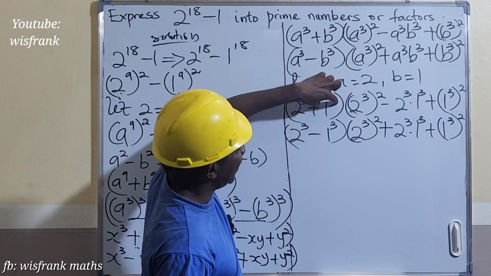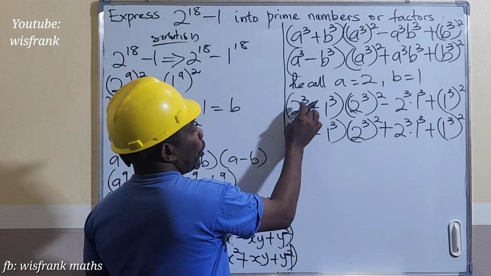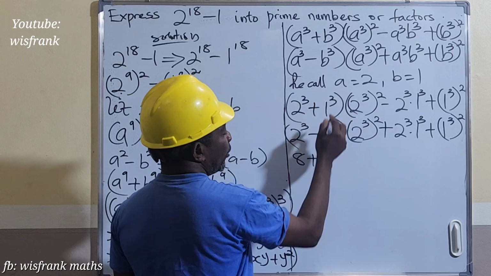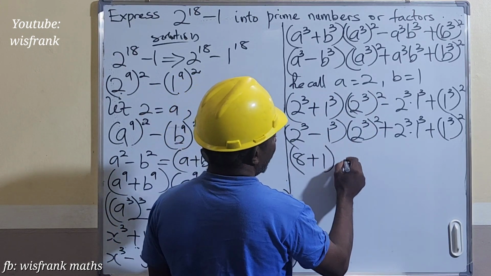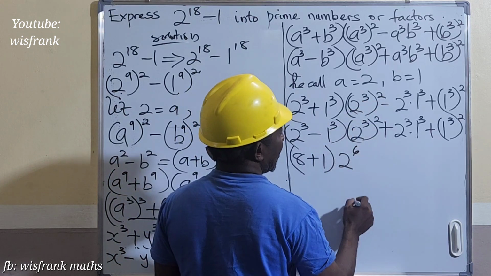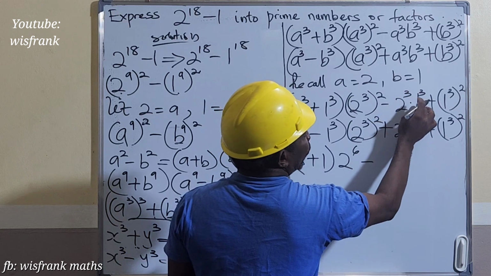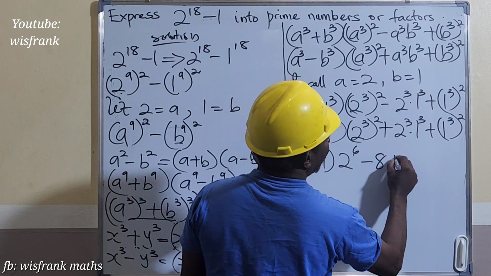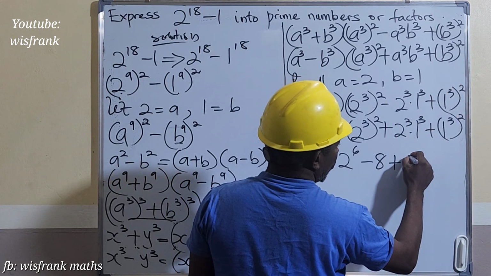So that means this multiplied by this. By evaluating this, 2 to the power of 3 is 8 and 1 to the power of 3 is 1. So that is the first one. Here we have 2 to the power of 3 times 2, which is 6, then minus 2 to the power of 3 times 1 to the power of 3, which is 8, plus 1 to the power of 3 all to the power of 2 equals 1.